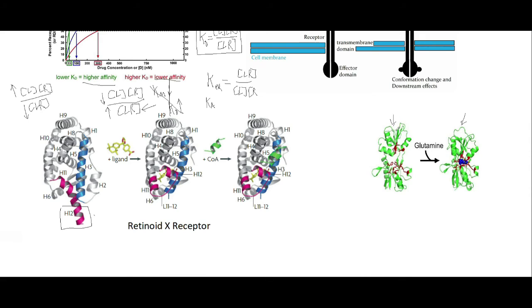I don't know for sure, but what is often the case is that this now presents this part of the protein, and some other protein can come and associate with it, and that activates this protein to maybe catalyze some reaction when it's bound to this, or things like that.